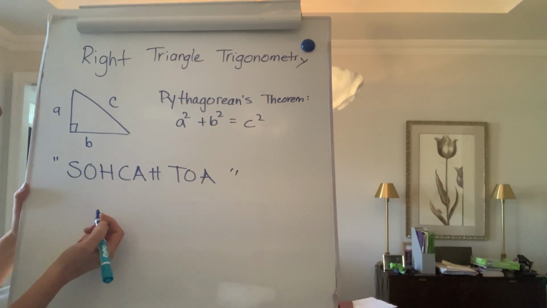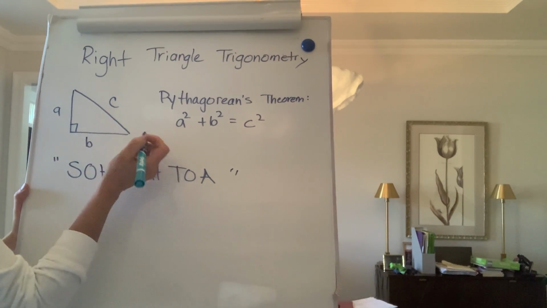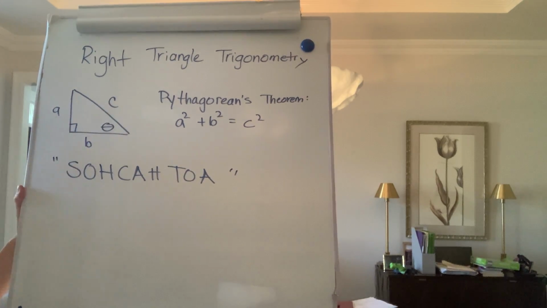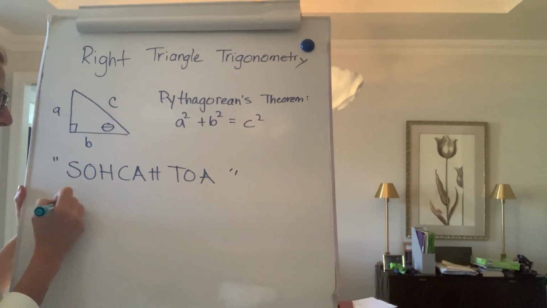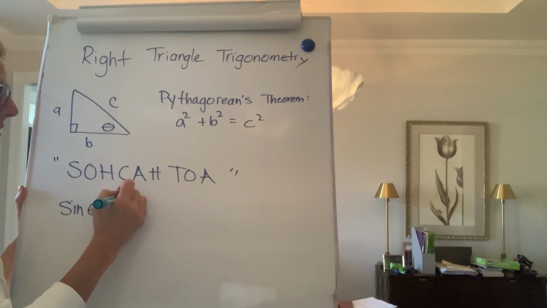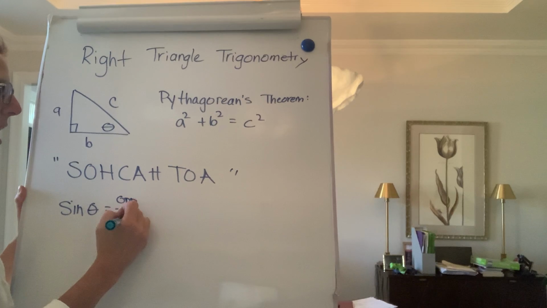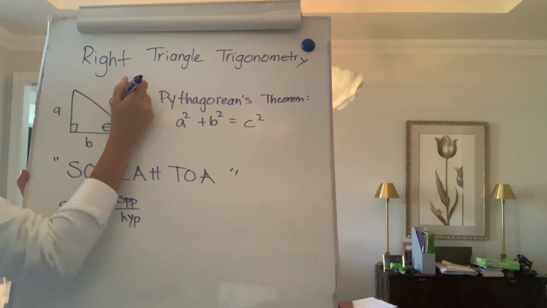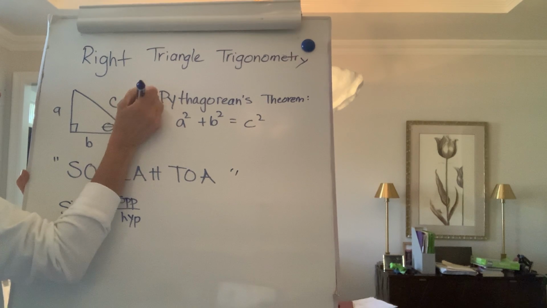So if I have an angle, a lot of times we use the symbol theta. If I have the angle, I would say the sine of the angle is the opposite side over the hypotenuse. In the triangle I'm drawing, C is the hypotenuse.